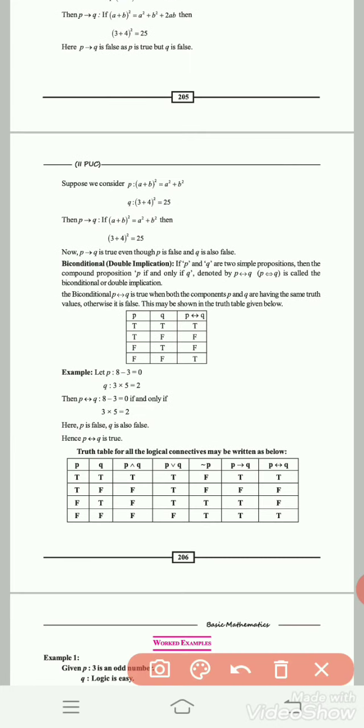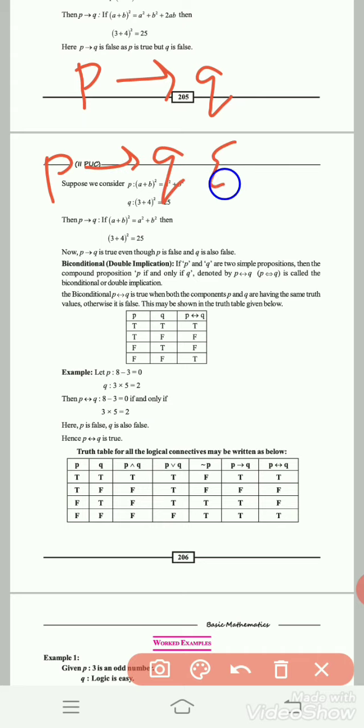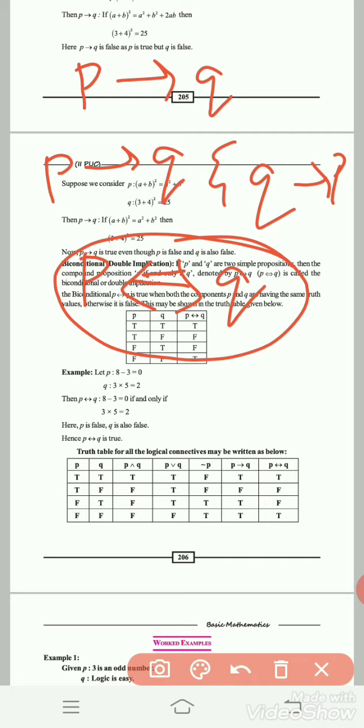Next one is the biconditional statement or double implication. Conditional means implication, biconditional means double implication. Conditional means what? P implies Q. Biconditional means P implies Q and Q implies P, which means P double implies Q. This is called biconditional or double implication.